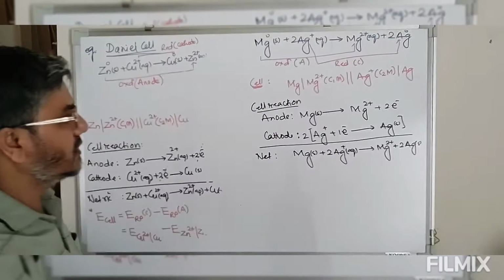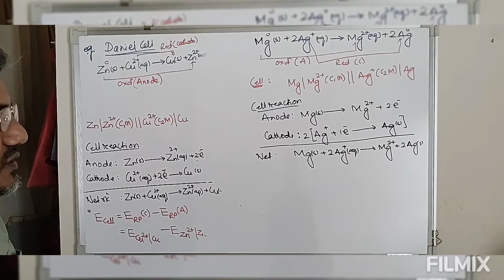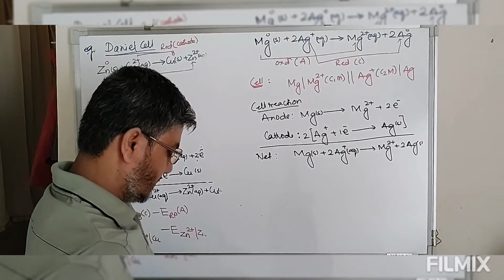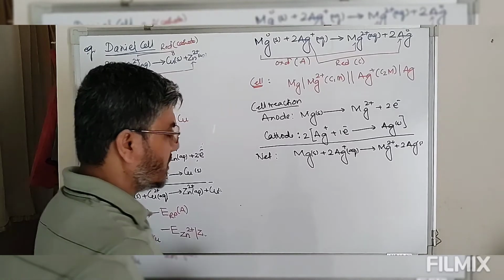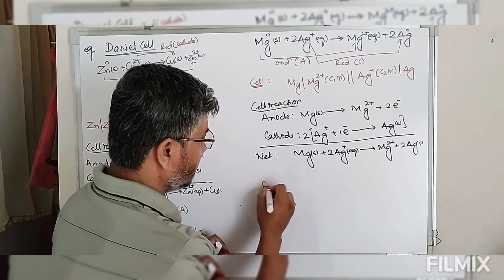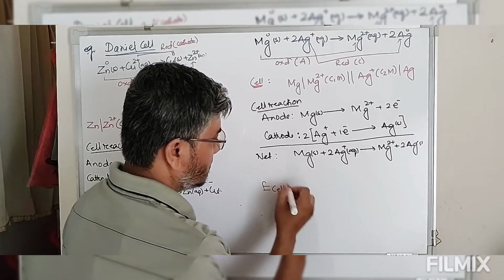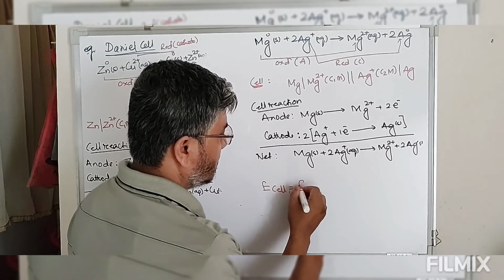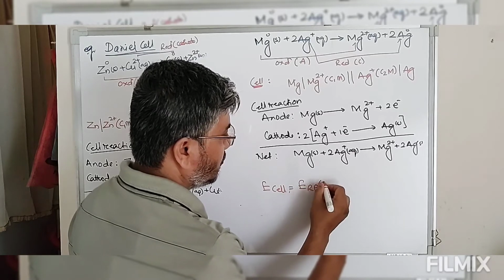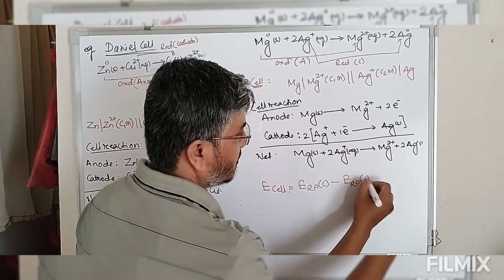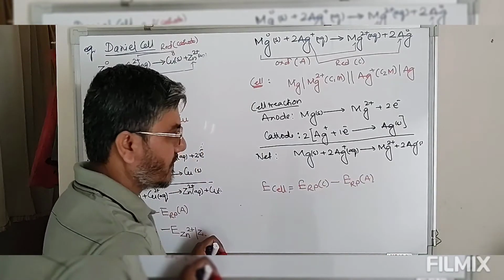So this is the cell reaction, and the cell potential for this reaction is reduction potential of cathode minus reduction potential of anode.